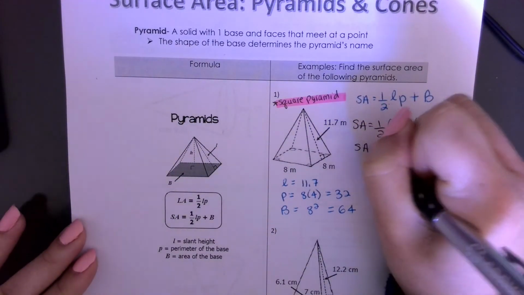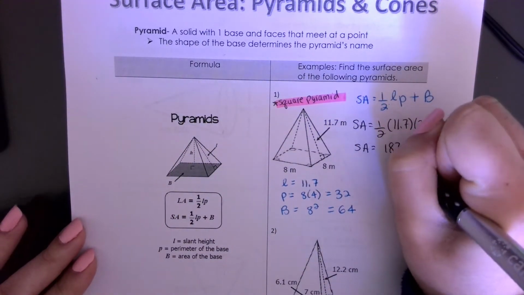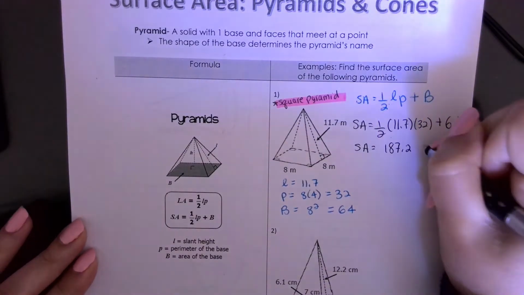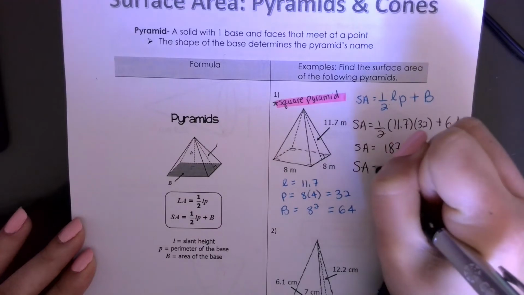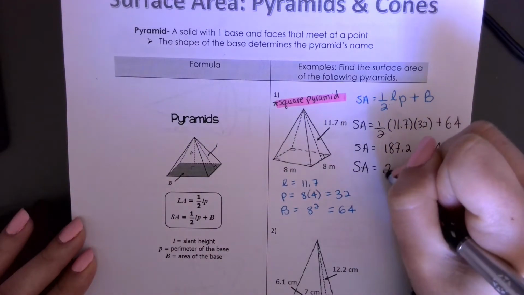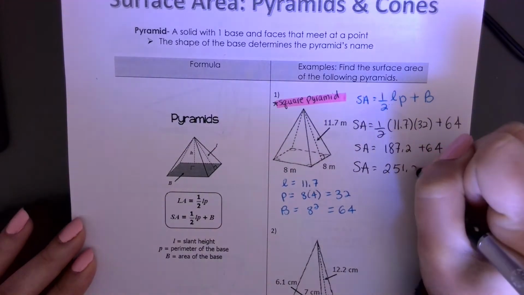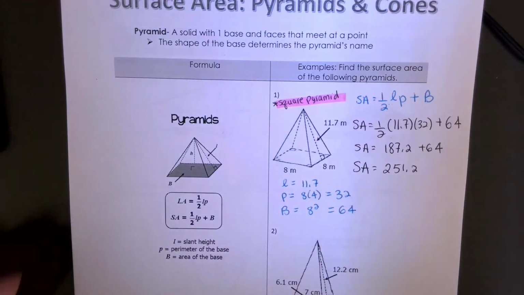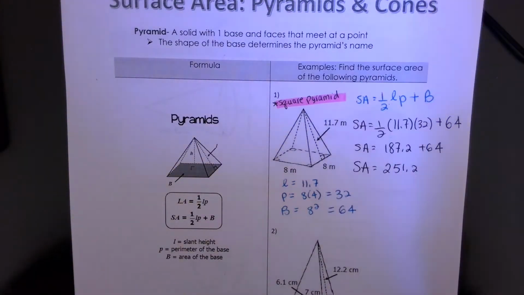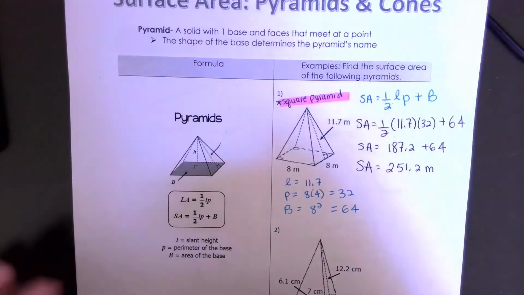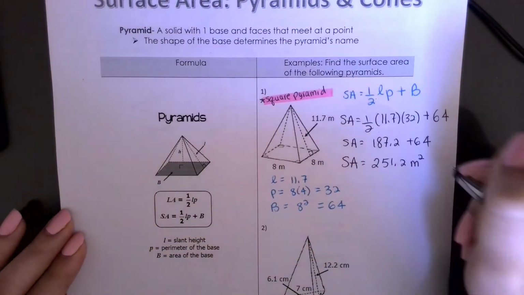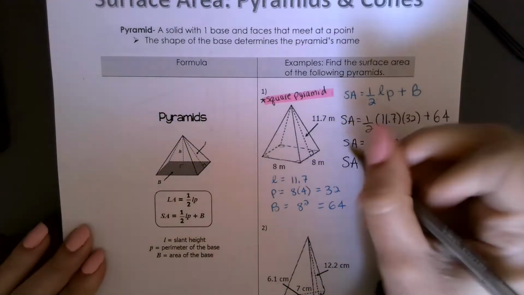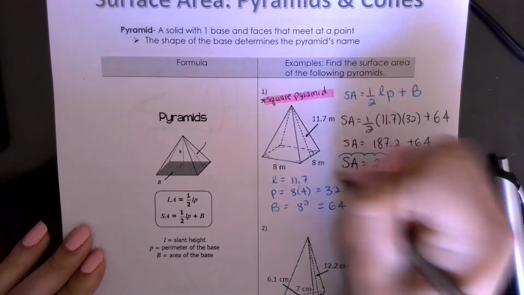So this part is going to equal 187.2 plus 64. So my surface area is going to equal 251.2. Now you need your units. My units here are meters. Surface area deals with 2D, so it's going to be squared. You always square your units for area. So that's the answer for the first one.